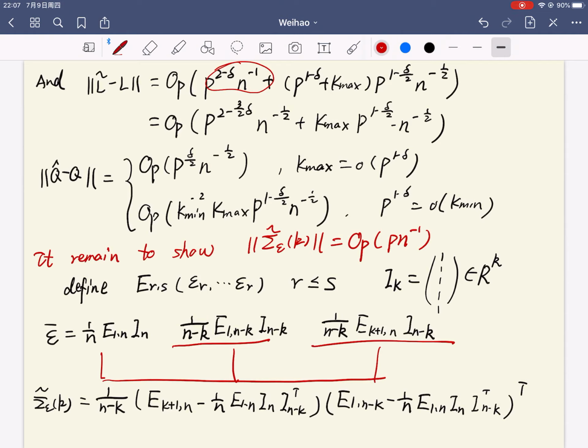And because these three terms are asymptotically equivalent, they are very close to each other.